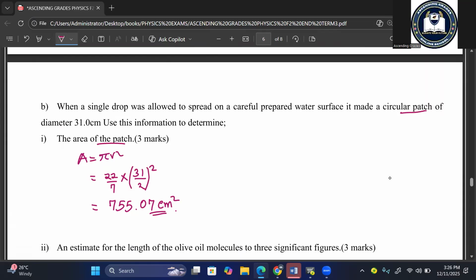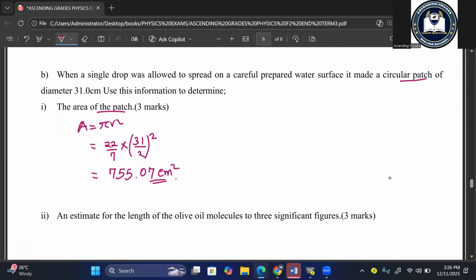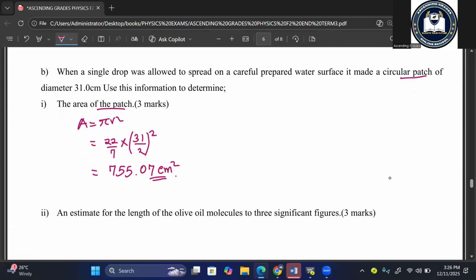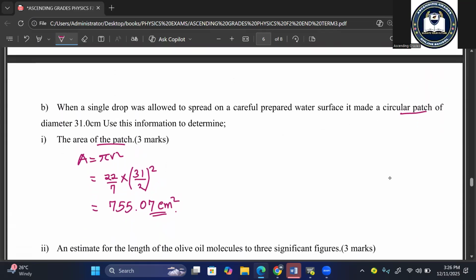An estimate for the length of the oil molecules to three significant figures. So the length, you're being asked about the thickness.